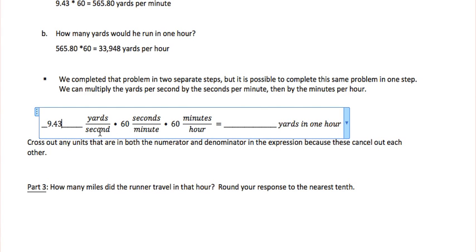Noticing that there are seconds in this denominator and in this numerator, those could go away. There are minutes in this denominator and this numerator, so those could go away. And finally, we would end up with yards per hour. The number on top first and the number on bottom last. And the multiplication will still give us 33,948.